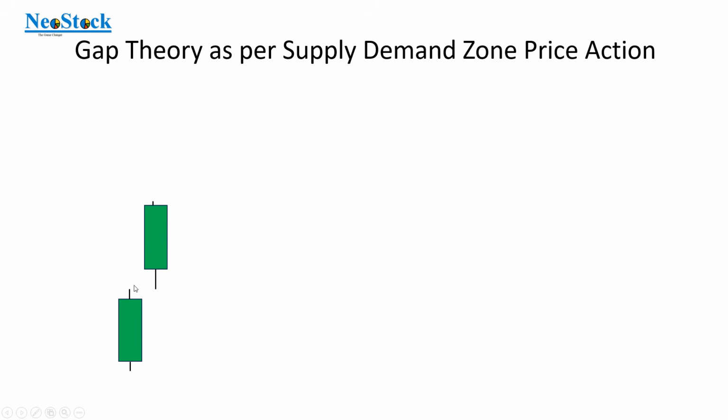Observe both these candles. This is the previous candle and this is the recent candle. Is there any gap between these two candles? Look into the high of the previous candle and the low of the present candle. We couldn't see any gap, right? But can we say it is a gap up?